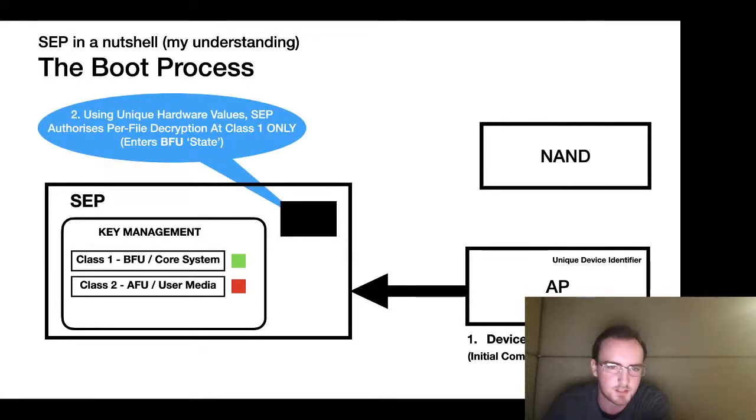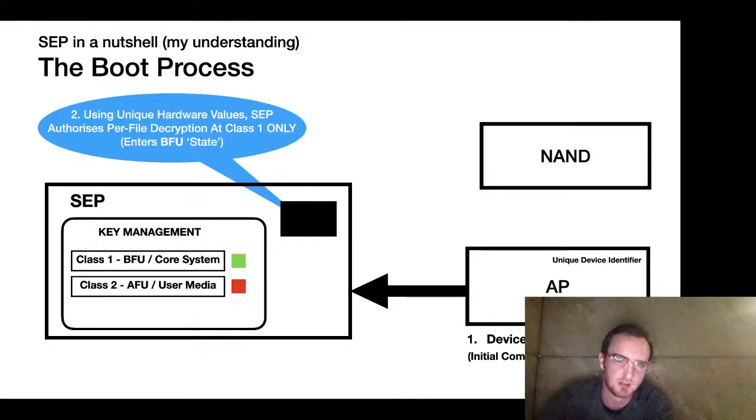So using hardware values, SEP authorizes per file decryption at class 1 only. I'm going to discuss what this BFU state means in a minute, but essentially what this means is while the device is booting, each file on the system has already been marked with a certain file state. So you could say all of the core system files could be marked as class 1 files.